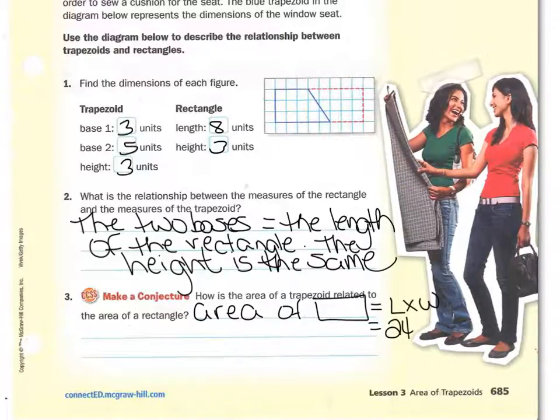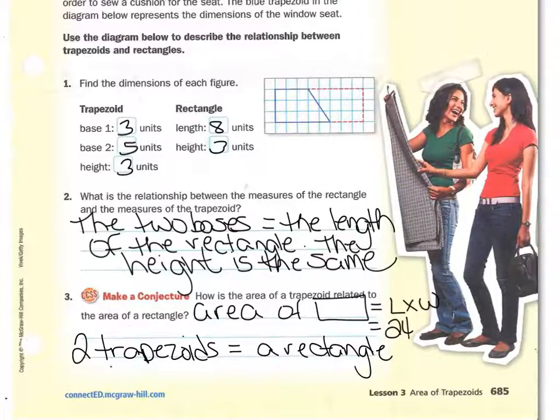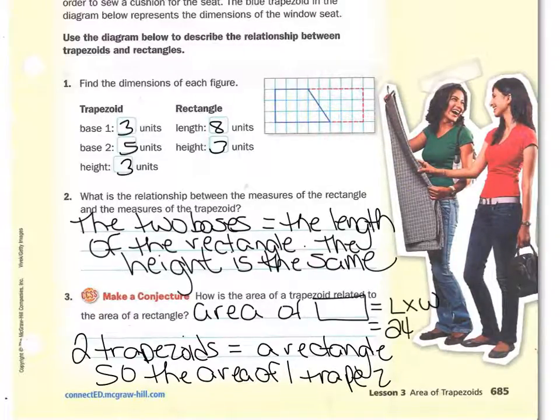Two trapezoids make up one rectangle, so the area of the trapezoid should be half of the area of the rectangle. So you can say 2 trapezoids equal a rectangle. So the area of one trapezoid is half of the rectangle.